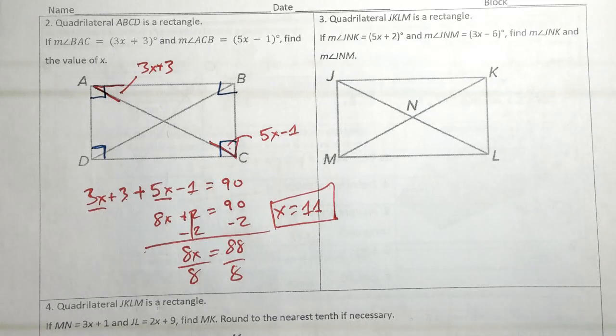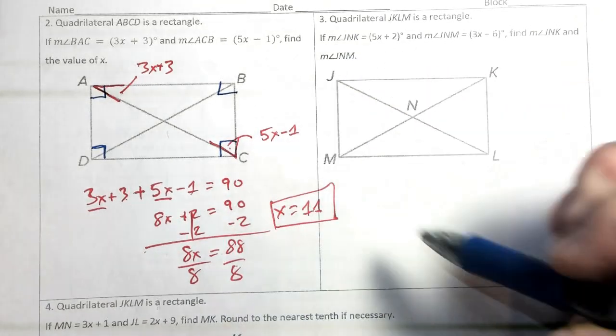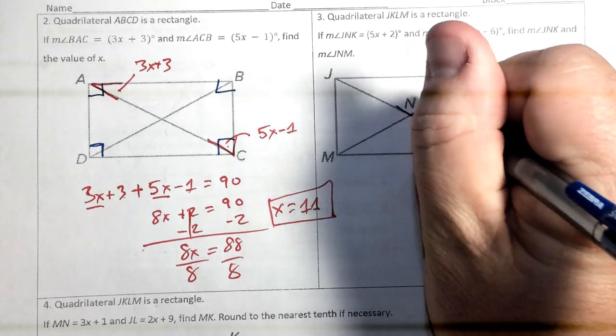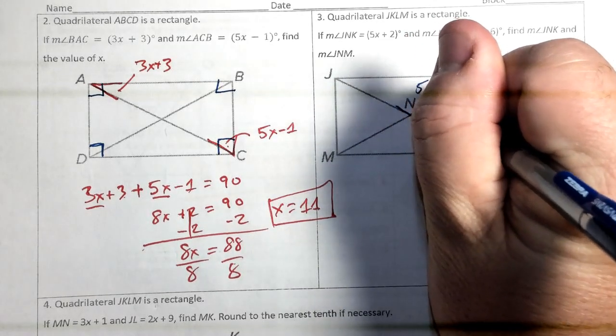All right. Number 3. Quadrilateral JKLM is a rectangle. It says find the measure of angle JNK. So right here is 5x plus 2.